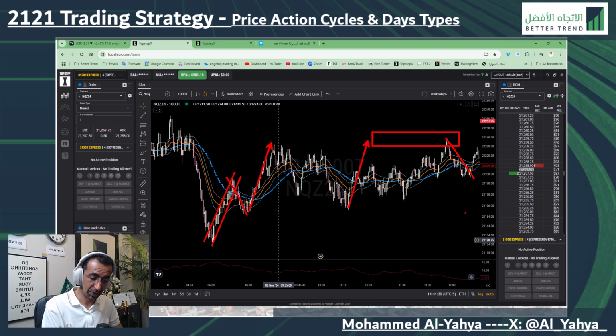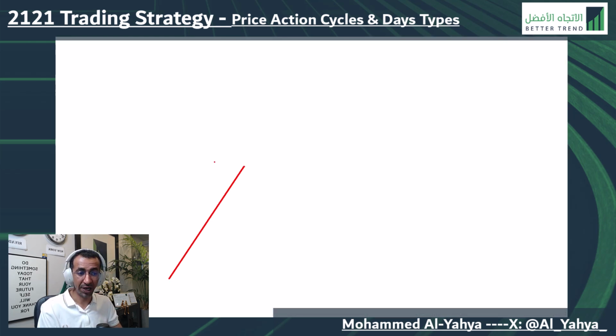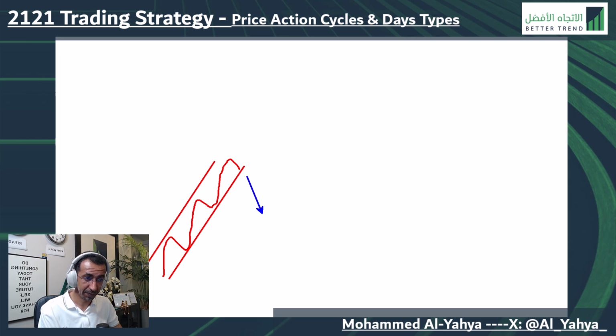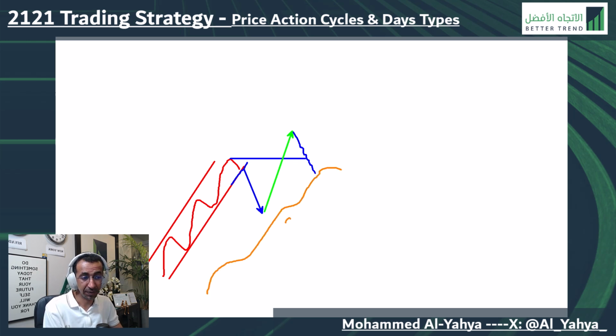Okay, so let me put the white. We have a channel, the market is moving in a channel, and this is the ideal price action. Then you have a break, breaking this channel, and that channel puts in a high. Then you will have leg 1. After that, you're going to have a correction to the moving average, the 21 EMA.